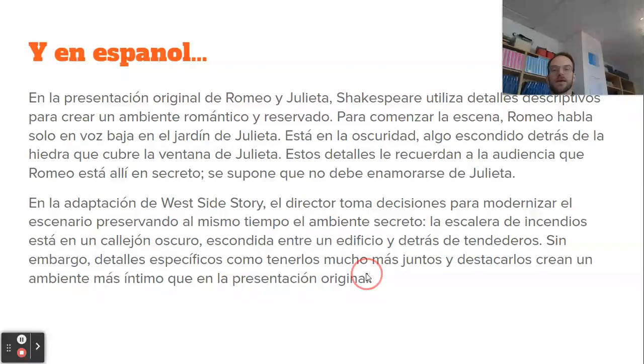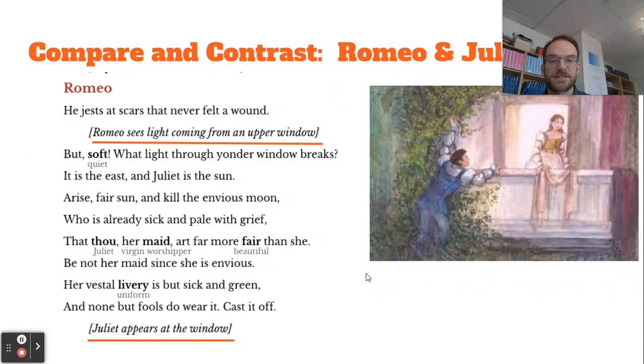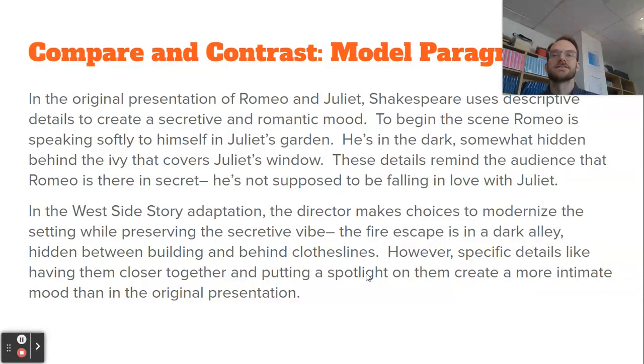And it's not enough to just point out the similarity and difference. How does the similarity and difference make the mood or the tone similar and different in certain ways? How are the mood or tone in each of your adaptations similar and different? Please use this paragraph as your model. Study this model, see what I tried to do, listen to this explanation, and give it your best shot.